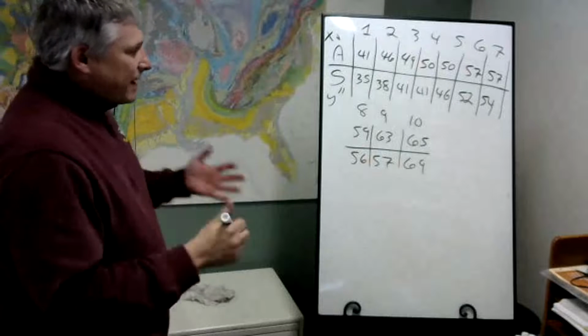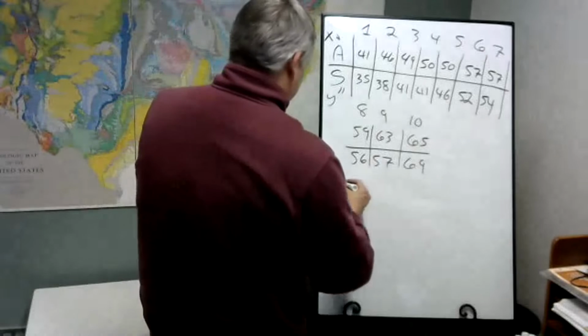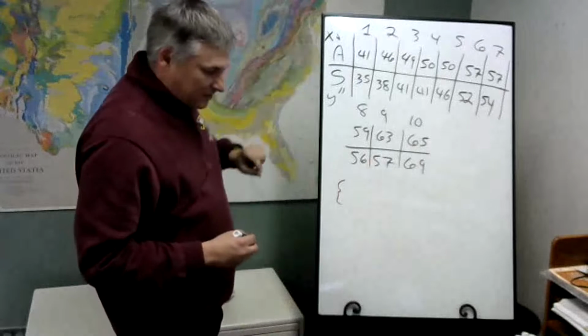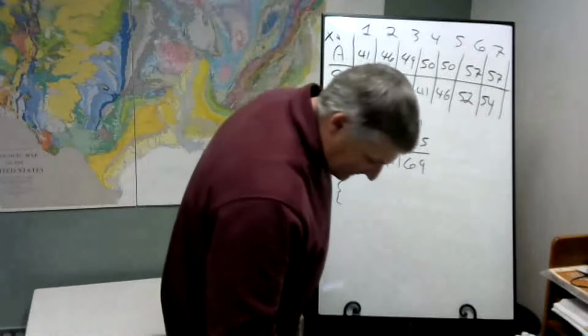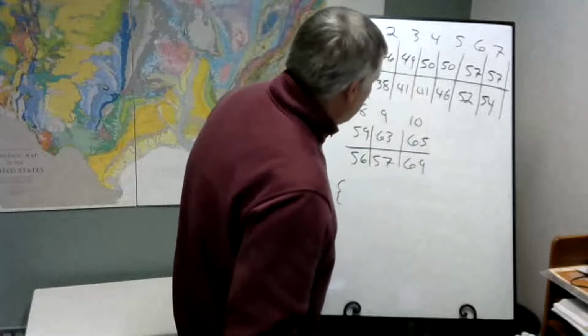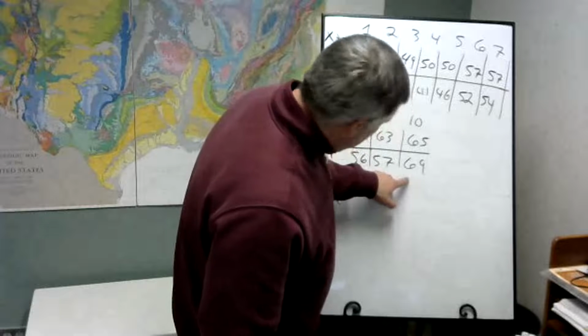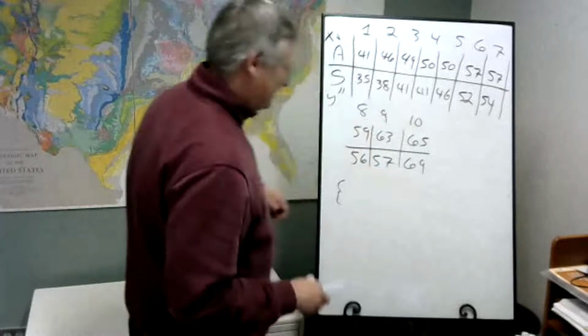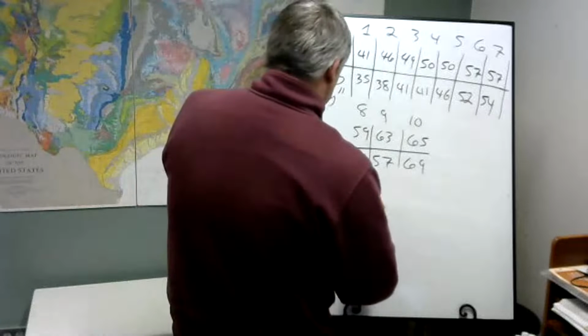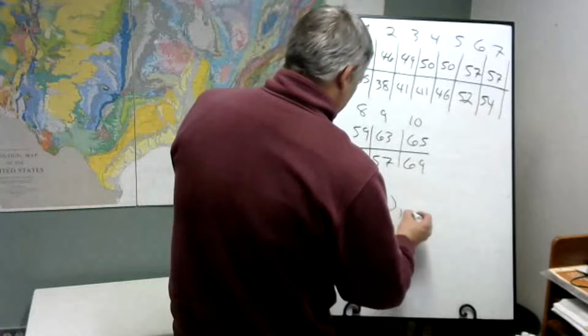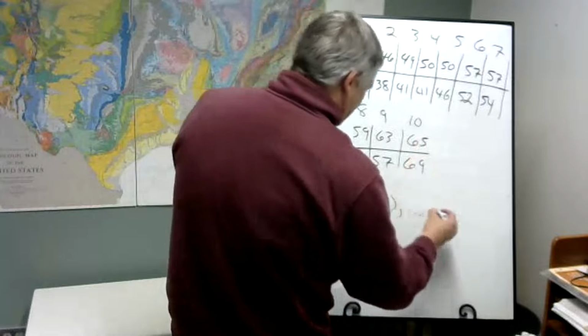So if we graph these points, again using Albuquerque as the x-axis and Santa Fe as the y-axis, let's see here. Just double check that. All right. So we're going to be graphing points 41, 35, out to 65, 69.